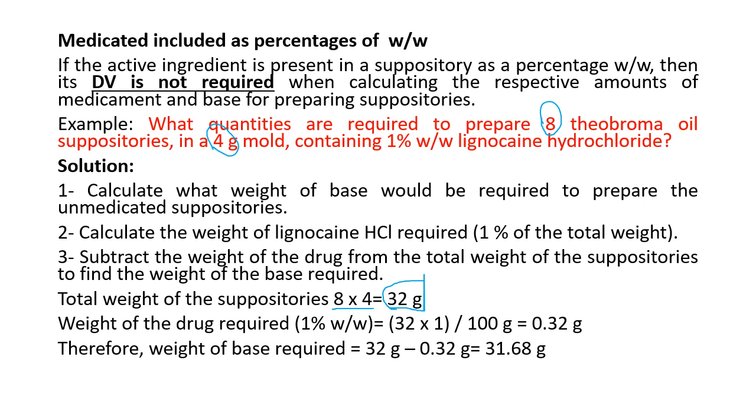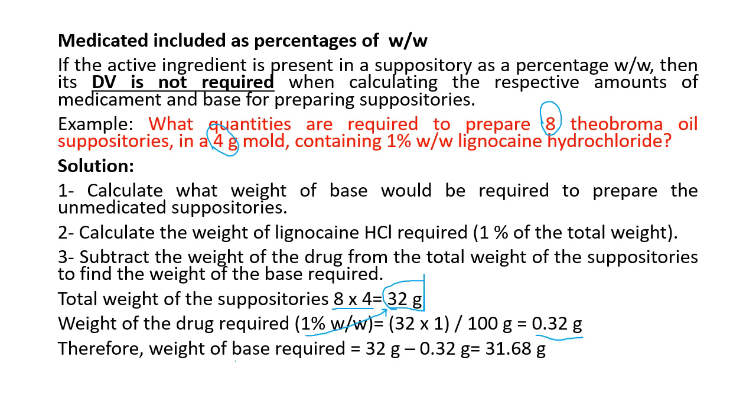Then the weight of the active ingredient will be 1% weight per weight. That means 1% of the 32 grams. So 32 times 1 divided by 100 grams, that gives 0.32 grams. This is the weight of the lignocaine in the 8 suppositories.